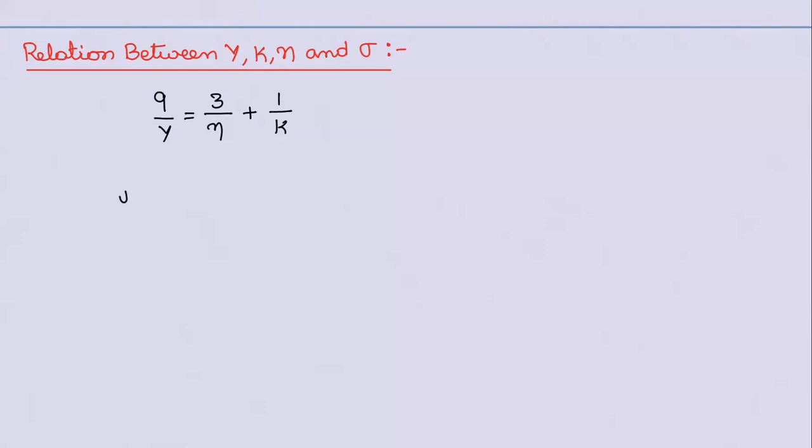Then the Poisson's ratio sigma is equal to 3 times the bulk modulus minus 2 times the rigidity modulus by 6 times the bulk modulus plus 2 times the rigidity modulus. Two formulas are there. Derivation is out of requirement. Just remember this. And there are 2 questions in mains based on this.